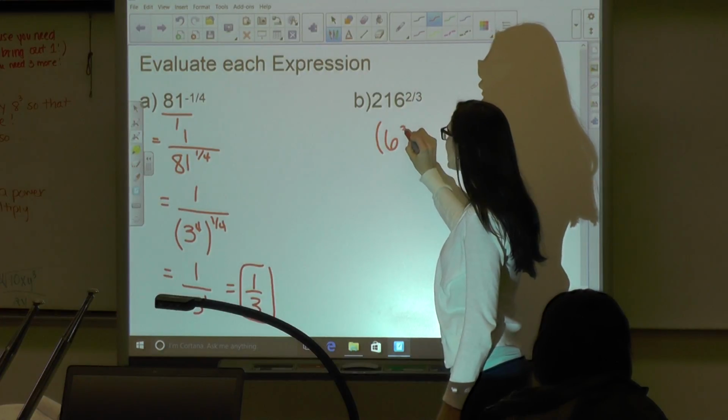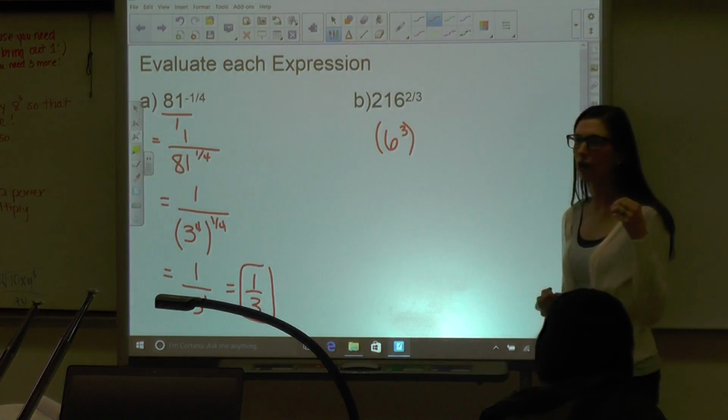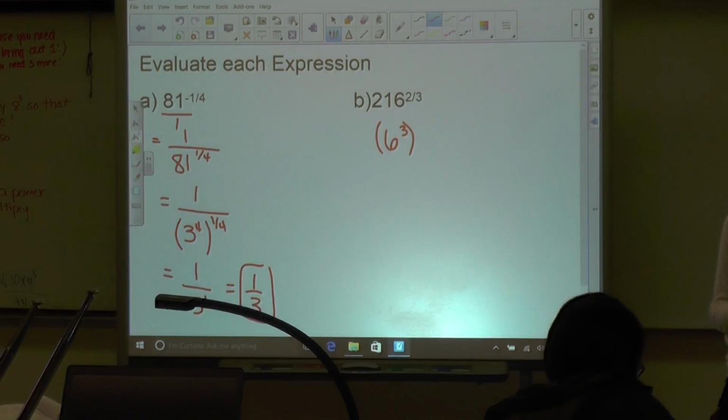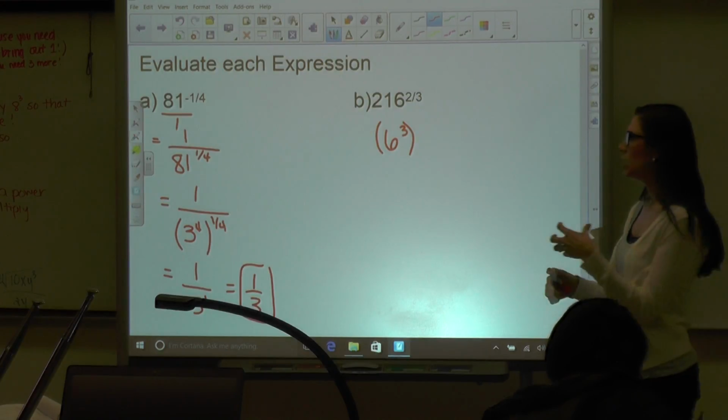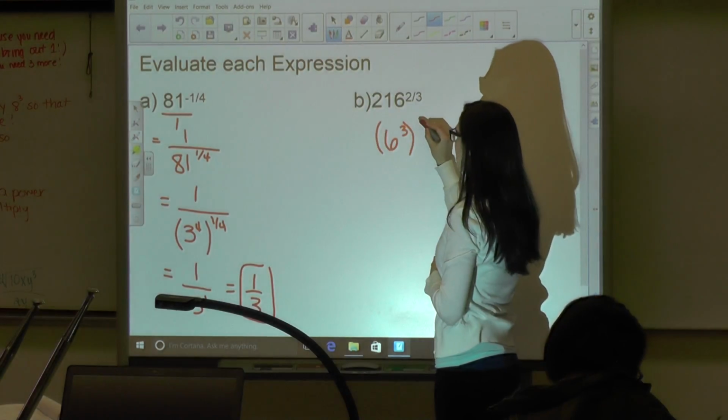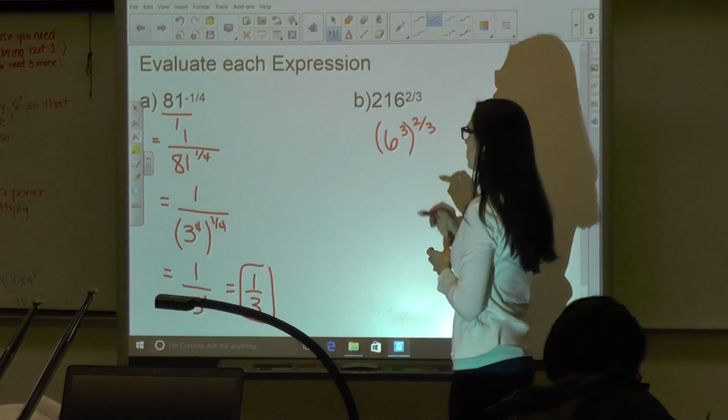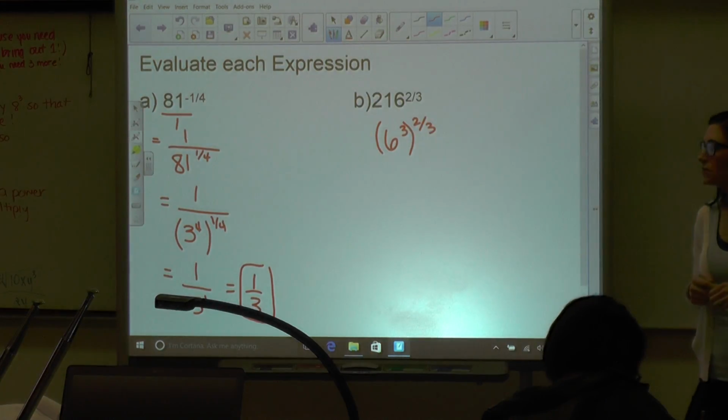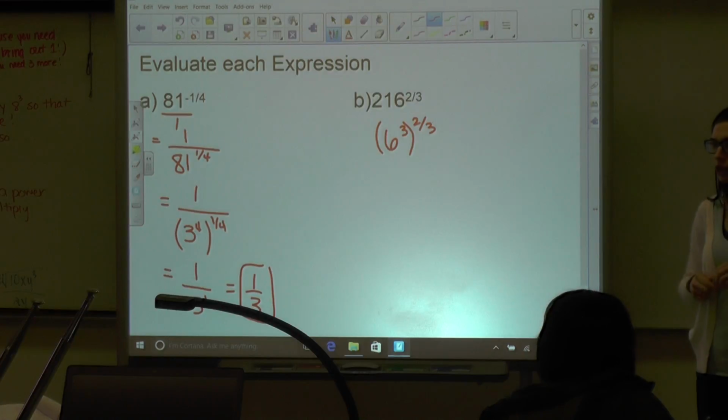So we're trying to make it smaller so that we can use our rules that we learned in Math 1 to simplify it. So 6 cubed gives you 216. This is power to a power, so what do we do? Multiply. What's 3 times 2/3? 2.